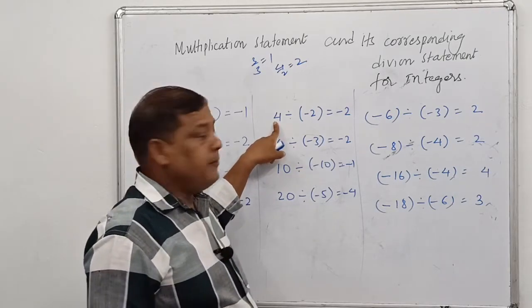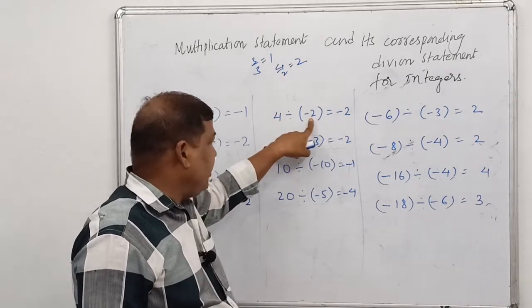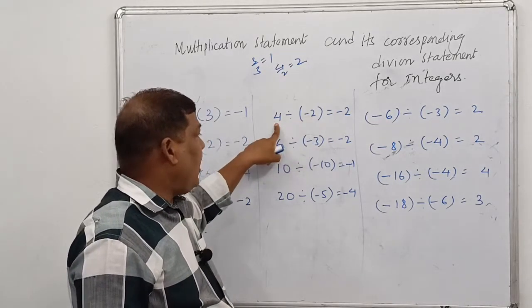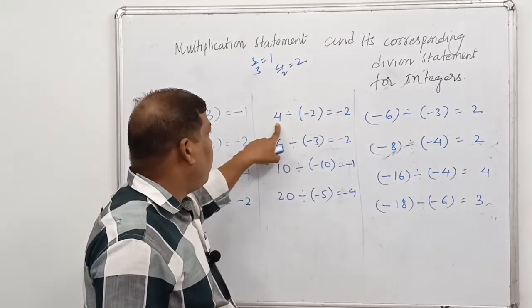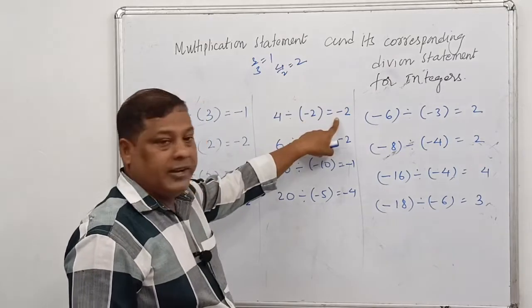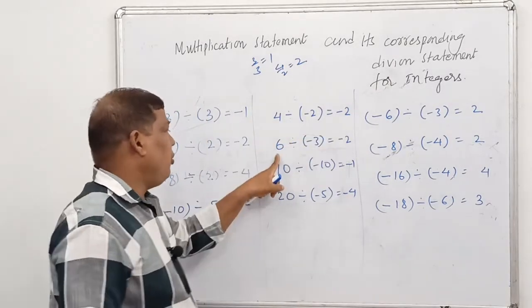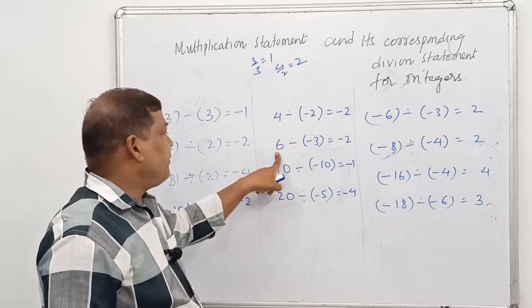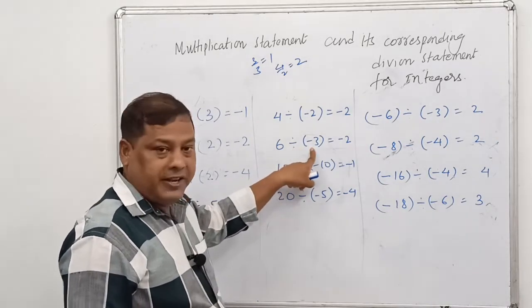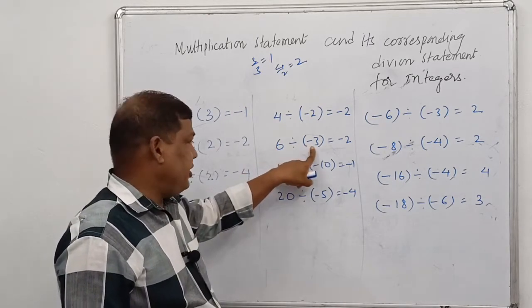Now in the second case, when we divide a positive integer by a negative integer, we divide them as whole numbers. 4 divided by 2 is equal to 2. Then we put a negative sign before the quotient. So here in the second one, 6 divided by minus 3. Here 6 is the positive integer, and this is the negative integer.